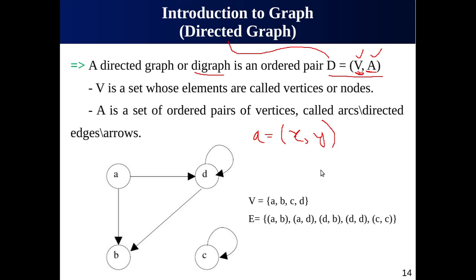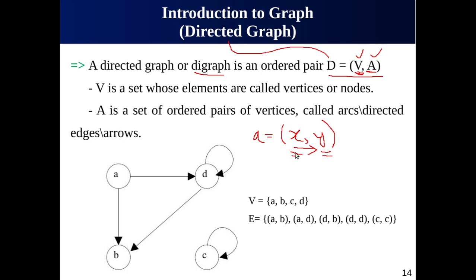Then it is considered to be directed from X to Y. Meaning the line now has an arrow which starts at X and ends at Y. So an arc, a line A equal to XY, means that it is directed from X to Y. In this case, Y is known as the successor of X and X is known as the predecessor of Y. Meaning X comes before Y and Y comes after X.